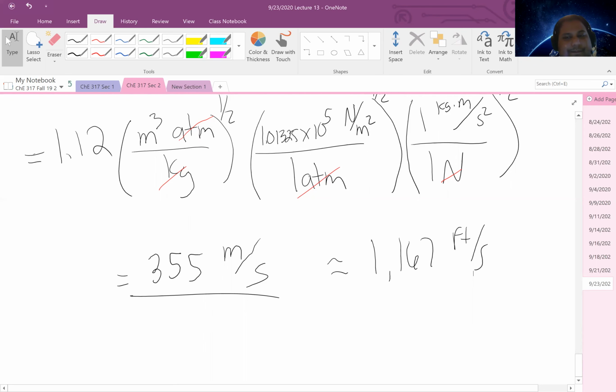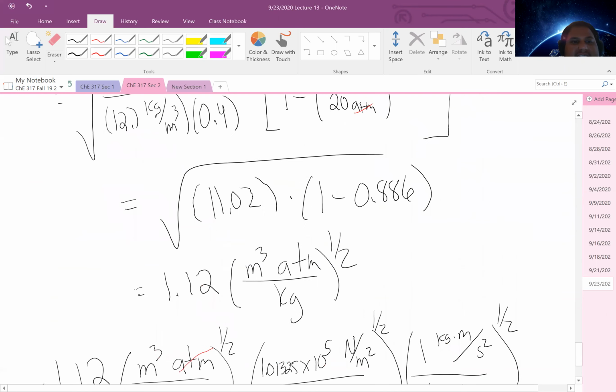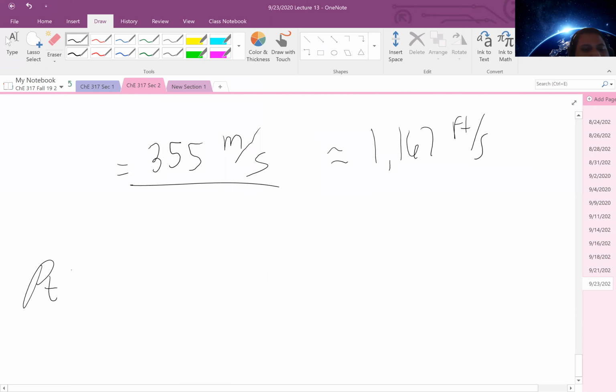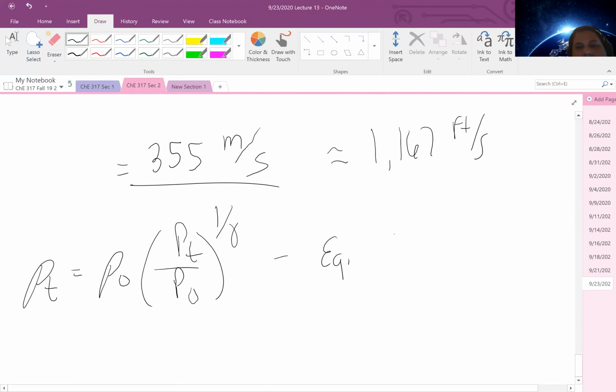Okay. So now we have the velocity of the throat. To find the density of the throat, we can use equation 623, which lets us create this expression, the density initially times the pressure of the throat over the initial pressure to 1 over the gamma. This is equation 623 on page 142.